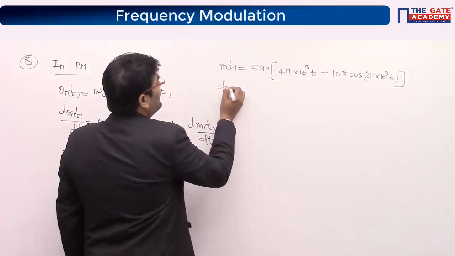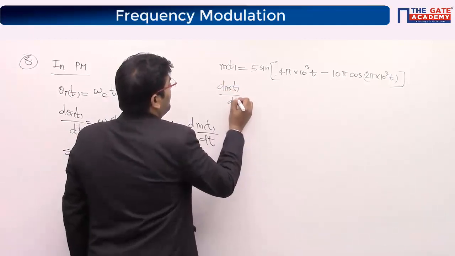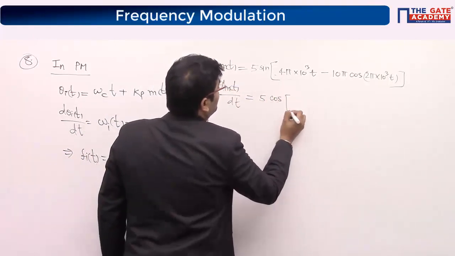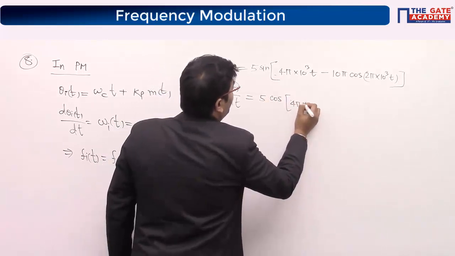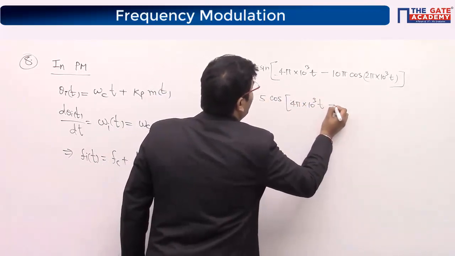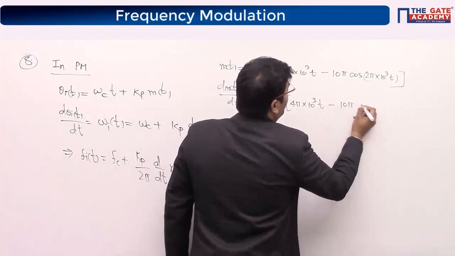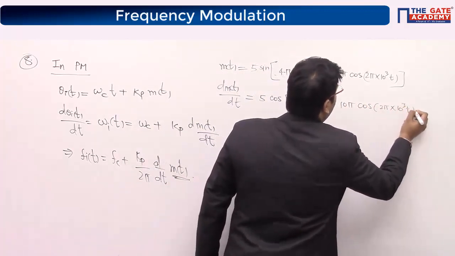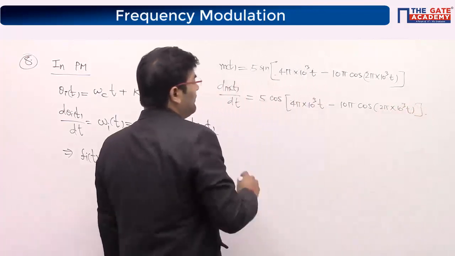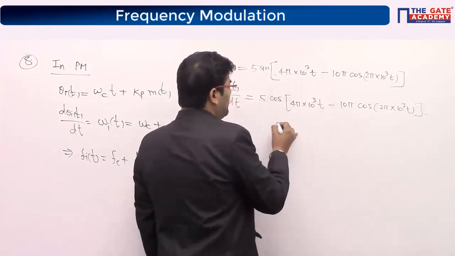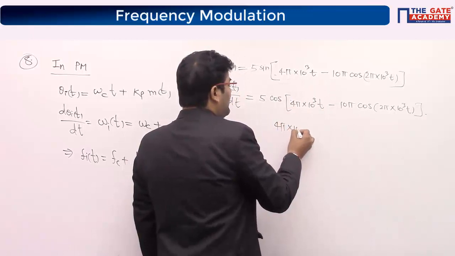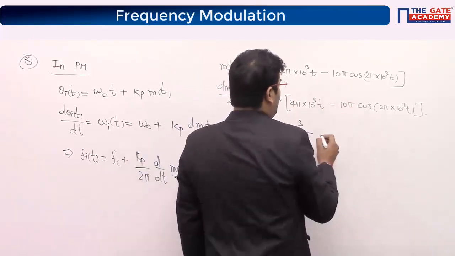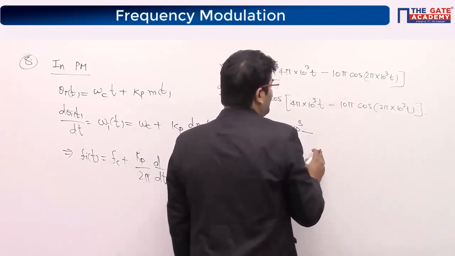So let's differentiate: dm(t)/dt equal to 5. First directly will be cos, simple, cos(4 pi into 10^3 t) as it is, minus 10 pi cos(2 pi into 10^3 t) as it is, into, by chain rule you will go inside, you will write 4 pi into 10^3, minus, cos will become minus sine.